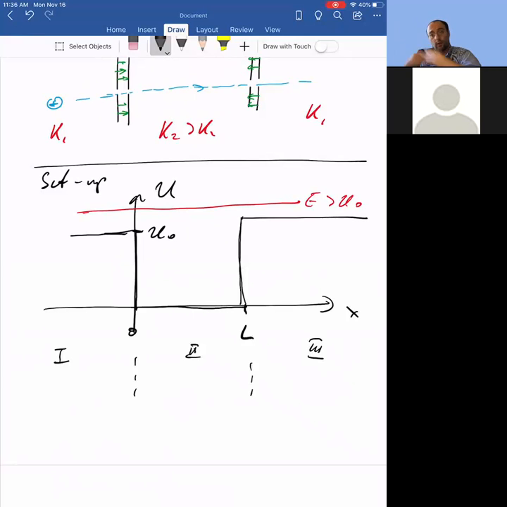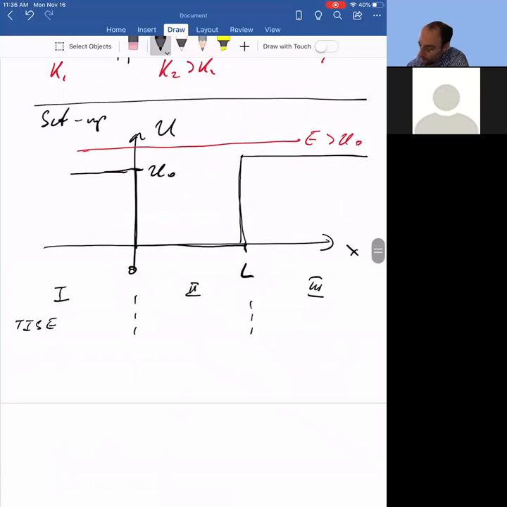And then all the details of the potential energy enter the time-independent Schrödinger's equation. So here, the time-independent Schrödinger's equation reads the following. Psi double prime equals E minus U naught times psi.